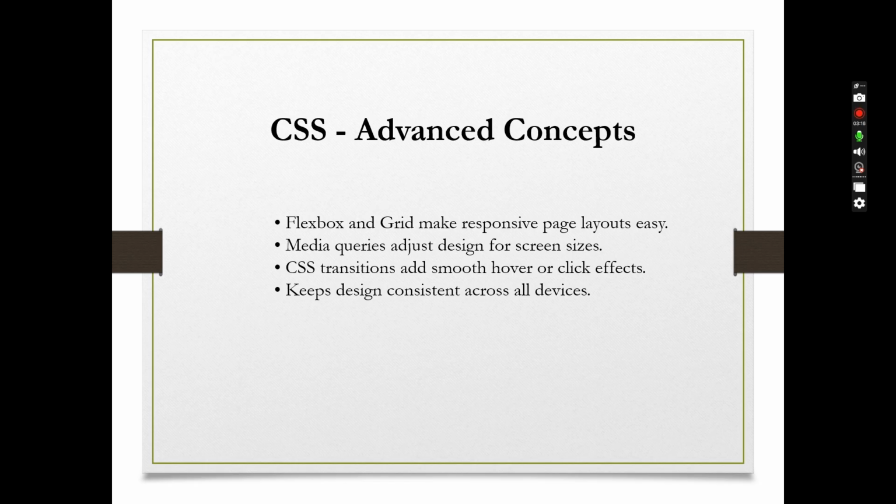Using media queries, we make sure our design automatically adjusts to fit various device screens. CSS also allows us to create animation, hover effects, and transitions that enhance the user experience. So overall, CSS helps make a website not only beautiful but also user friendly. That was about the CSS.